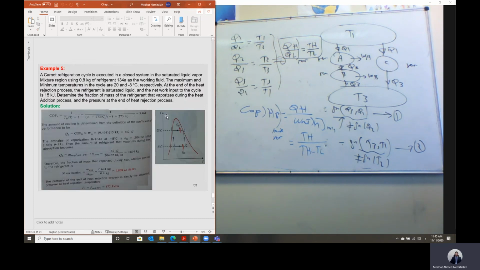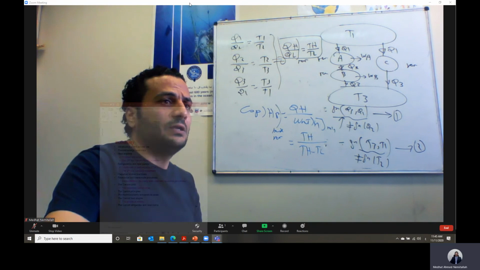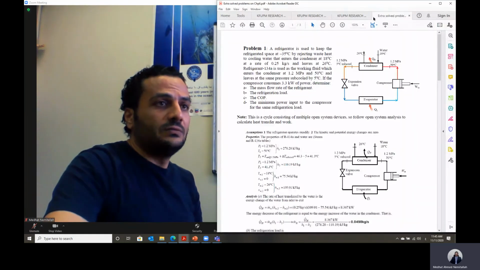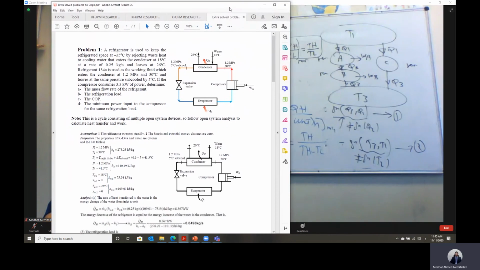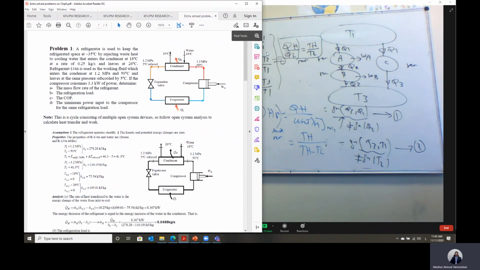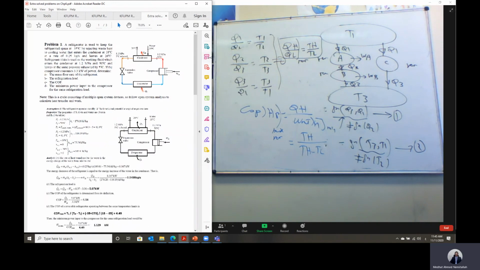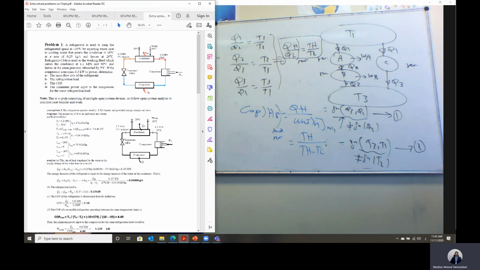Okay. This is a simple example you can look at, but let me just solve an example with you here. This example is from a previous exam. We can just solve it together.